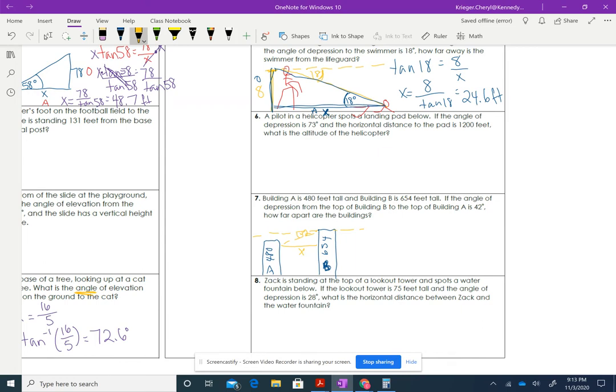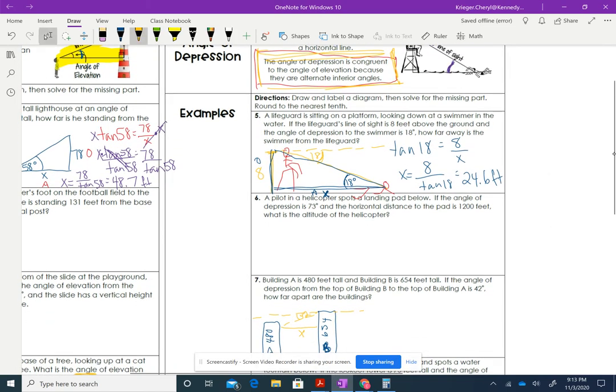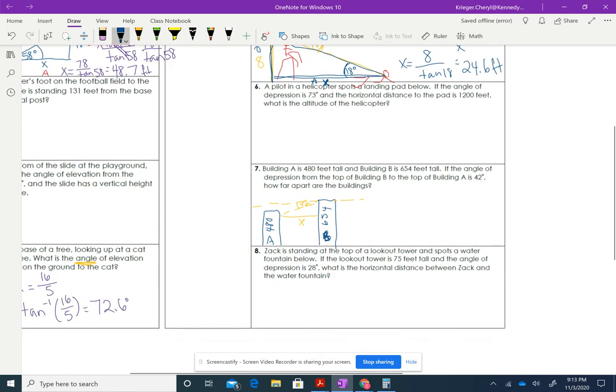Okay, so coming back to the most important part, right? I told you that the most important part was this. The angle of depression is congruent to the angle of elevation. So I can rewrite this triangle. And here's my angle of elevation, 42. My x is the same. Okay, and I have to figure out my vertical distance between the two buildings.